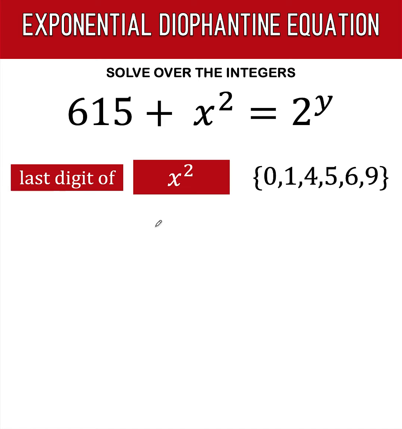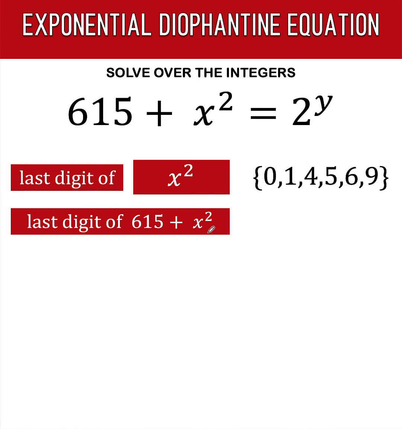Therefore, the last digit of 615 plus x squared would be adding this 5 to each of these last digits. So let's do that. 5 plus 0 is 5, 5 plus 1 is 6, 5 plus 4 is 9, 5 plus 5 is 10, so the last digit is 0. 5 plus 6 is 11, the last digit is 1. And 5 plus 9 is 14, the last digit is 4.